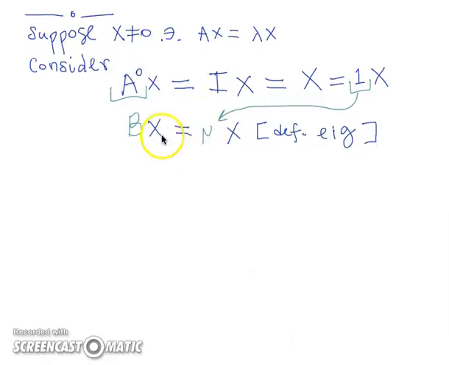So mu is an eigenvalue of B with corresponding eigenvector x. And so the thing to remember here is that 1 is also lambda to the 0. So what we really have here is B times x equals lambda to the 0 times x, and that's precisely one particular case of the theorem that we are working with.